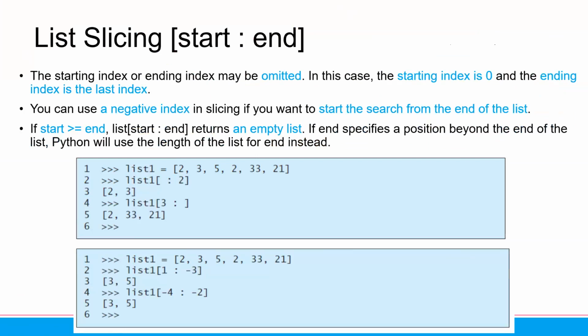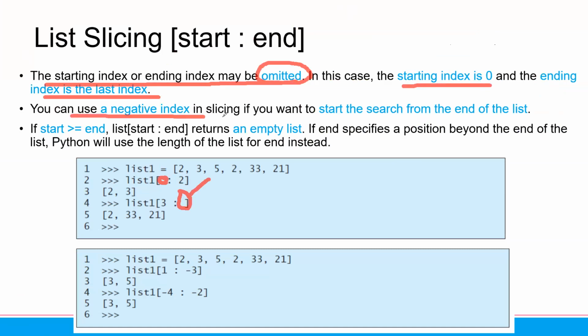Now let's play something with the slicing. The starting index or the ending index may be omitted. It means you can remove the starting index or the ending index. If the starting index is removed, you will start from index 0. If the ending index is removed, you will go until the last index.